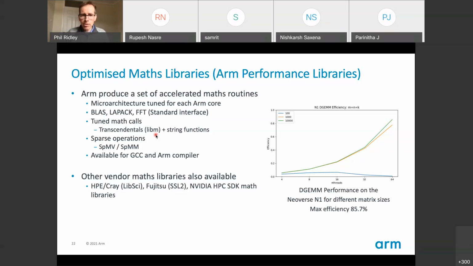As I've mentioned, we've got HPE Cray LibSci, the Scientific Library. They have optimized math routines for ARM architectures, especially on Isambard 2. Fujitsu has its own optimized math library, SSL2. And NVIDIA as well. They have a software development toolkit which has very good support, both in terms of compilers and maths libraries and other tools.